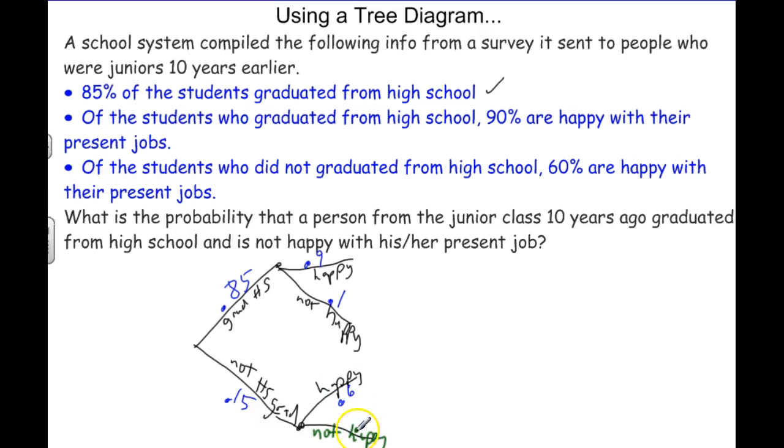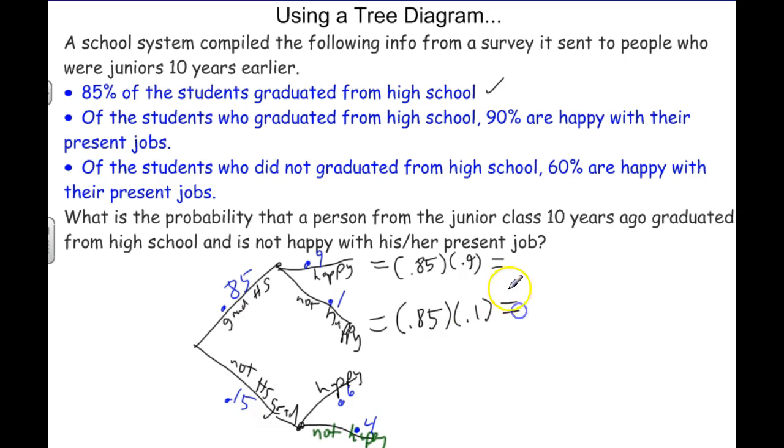Okay, so to figure out the probability of each branch, which really is helpful in answering this final question, I'm going to figure out the probability of each branch. What's the probability that you both graduate high school and are happy? To get that, all you do is type in 0.85 times 0.9, and you're going to get an answer in your calculator. To get the probability of graduating high school and not being happy, 0.85 times 0.1.